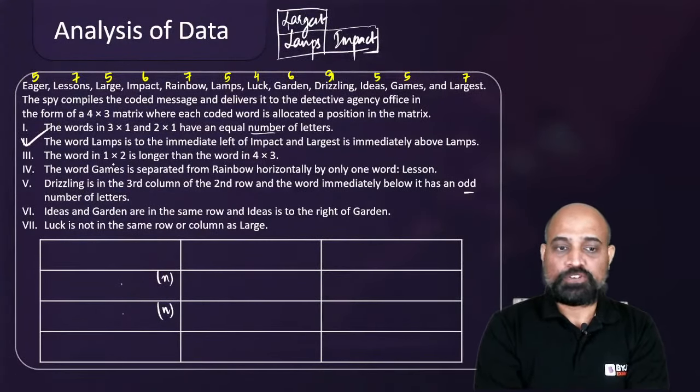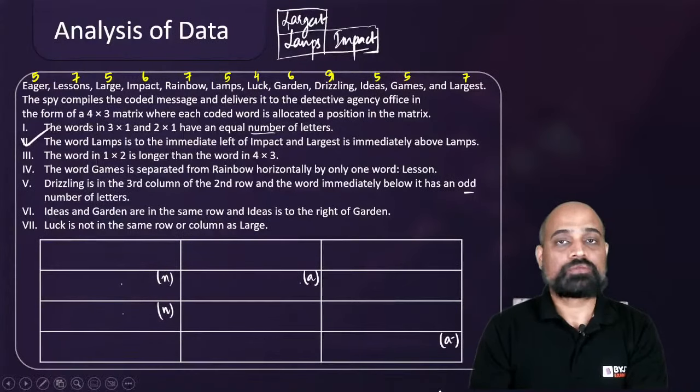Now, the word in the first row and second column has more letters than the word in the fourth row and third column. So if I say there are A letters here, then the number of letters in the fourth row and third column is going to be less than those.